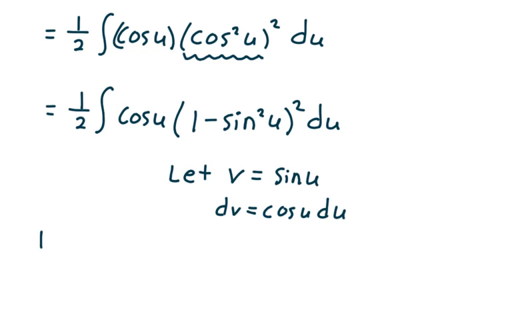And so the 1/2 hasn't gone anywhere. That's still there. But we're integrating 1 minus v squared to the 2nd power dv. Now, this is one of those situations where you have to square out 1 minus v squared. There's no choice.